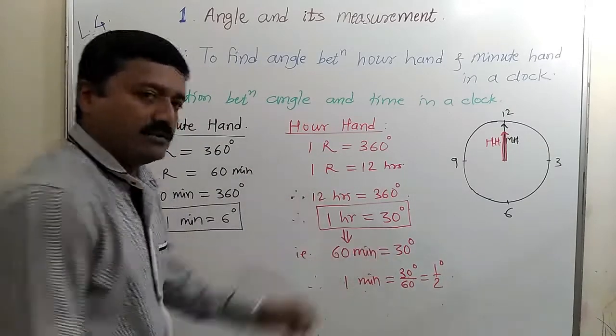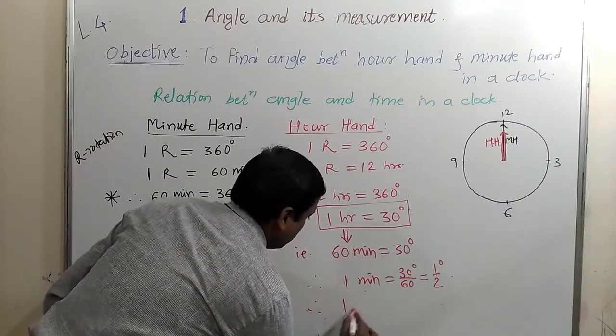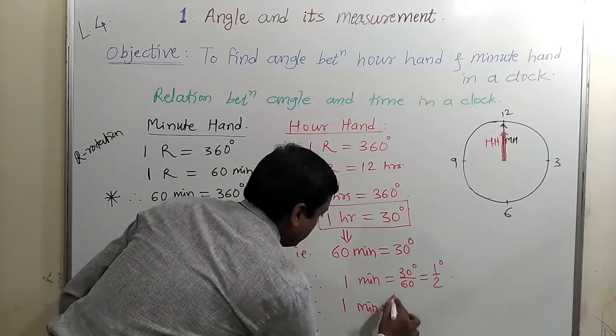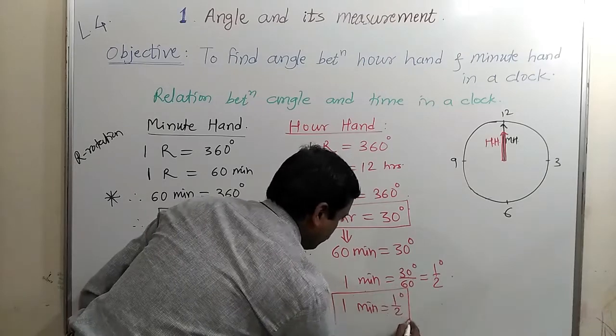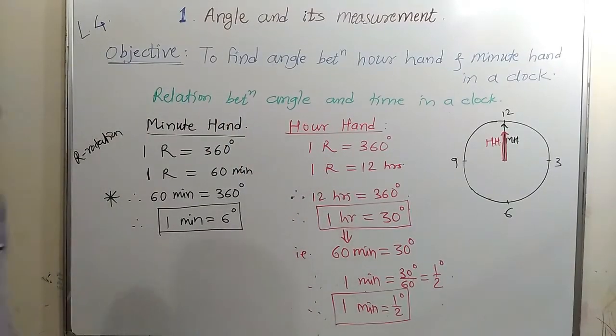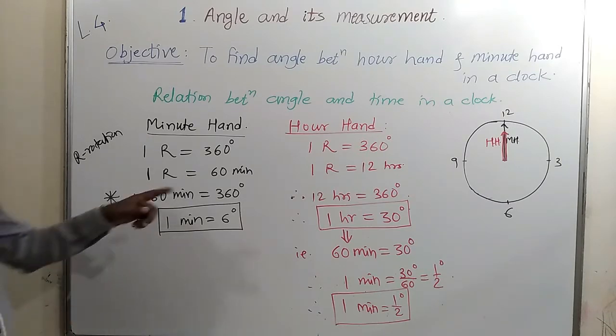So 1 minute is equal to half degree. That is also important for us to find the angle between the minute hand and hour hand. So remember these important relations.